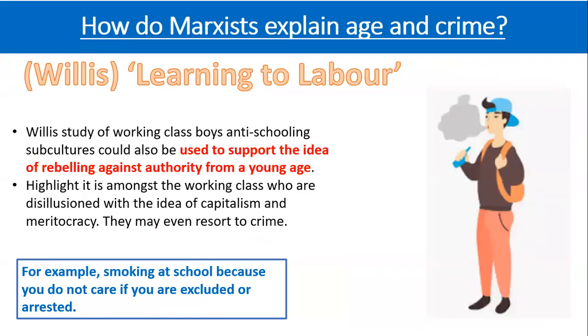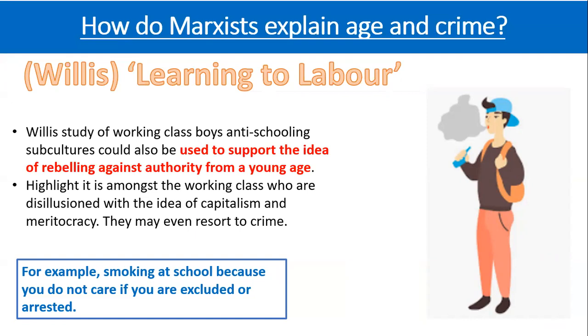Okay, now the next one you can use is Willis. Willis technically is a Marxist slash interactionist, so you can use him for both here. And he kind of supports this a little bit with Learning to Labour. It's a famous observation of working class schoolboys, where he found them to adopt anti-schooling subcultures that could be used to support the idea of rebellion against authority from a young age.